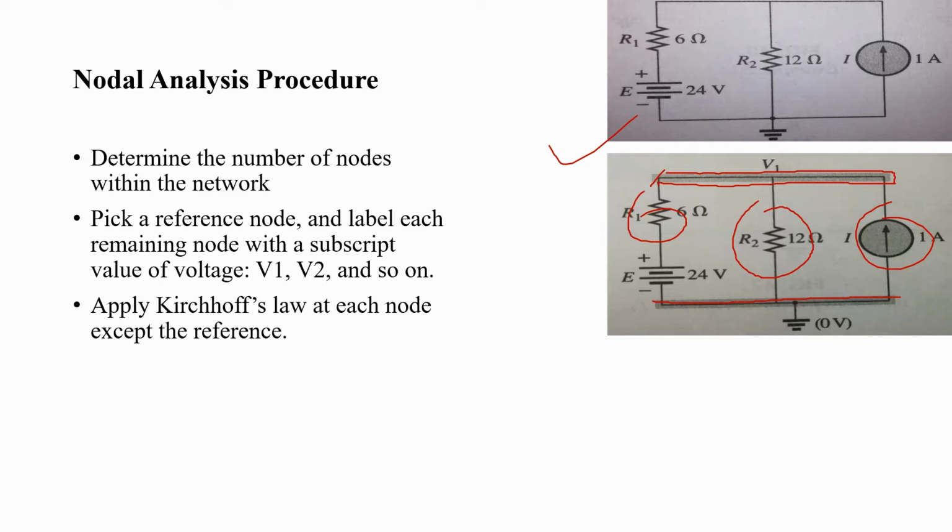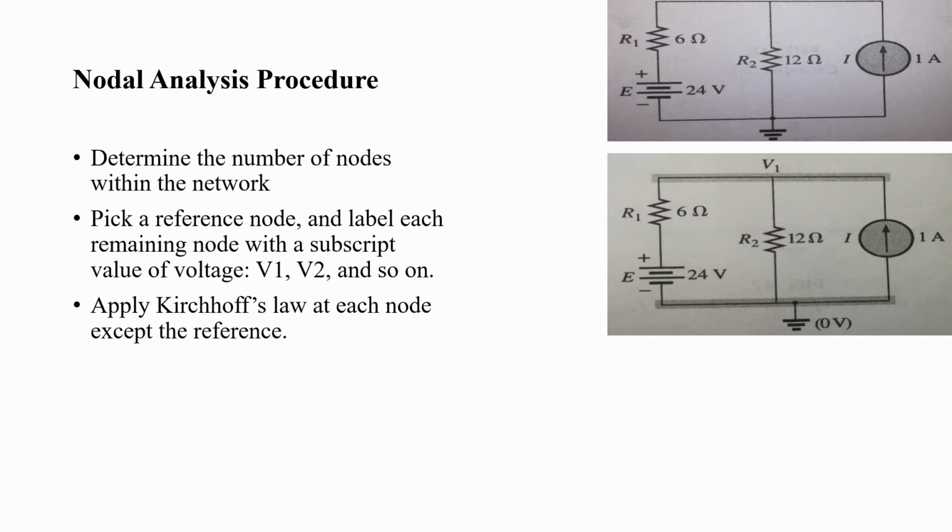In the third step, apply Kirchhoff's law to each node. In our case we have only one node, so we apply Kirchhoff's law to that node only. Do not apply Kirchhoff's law to the reference node. You have to apply it only to the other nodes except the reference node.